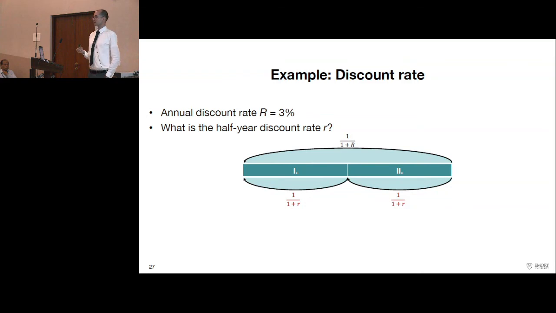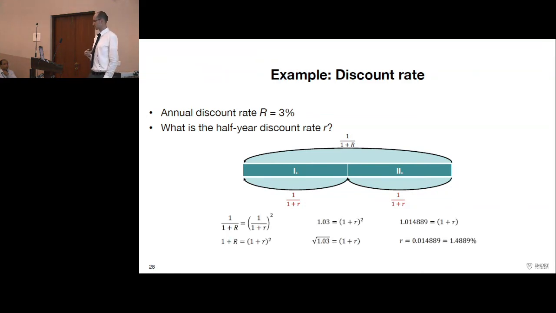A half-year discount rate would do this in increments. One way to do this is that the annual discount rate is the same as the half-year discount rate to the power of 2.